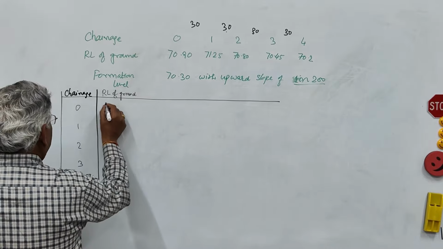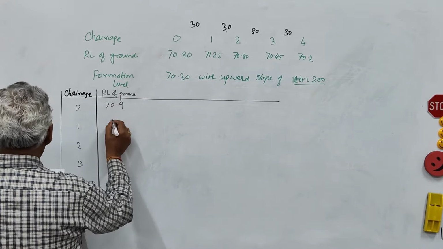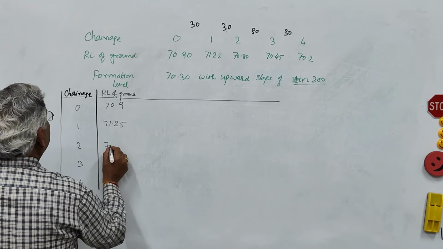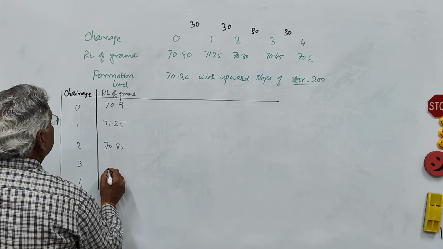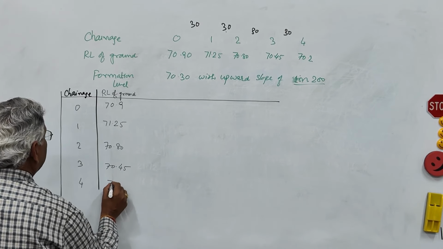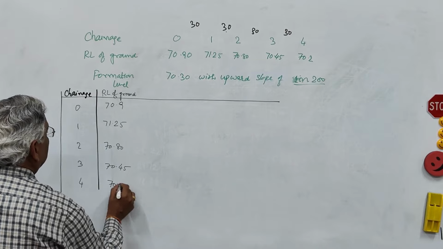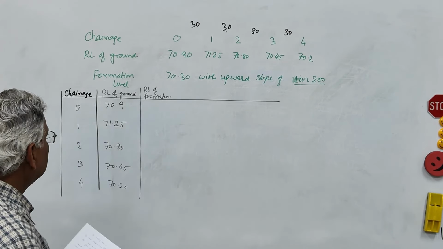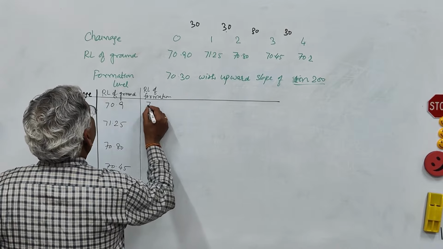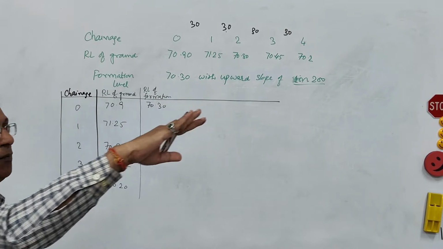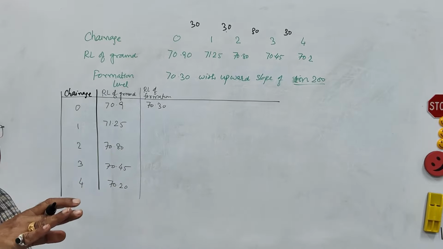RL of ground is given as 70.9 meter, 71.25, 70.80, 70.45 and 70.20. RL of formation. So the RL of the first point is 70.30. This is given, and now you have an upward slope of 1 in 200.